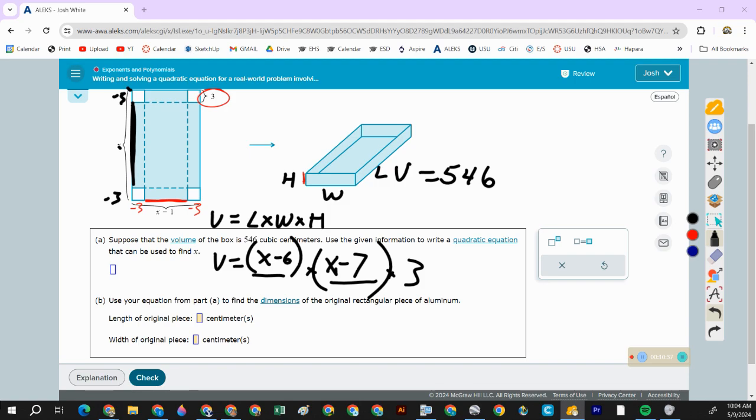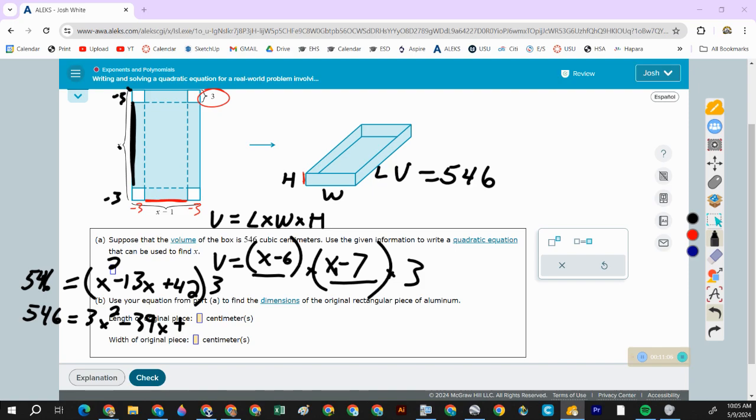So x minus 6 times x minus 7 is going to be x squared minus 13x plus 42. And then that needs to be tripled, and that is equal to 546 cubic centimeters. So 546 equals 3x squared minus 39x plus, that would be 120 plus 6, 126.